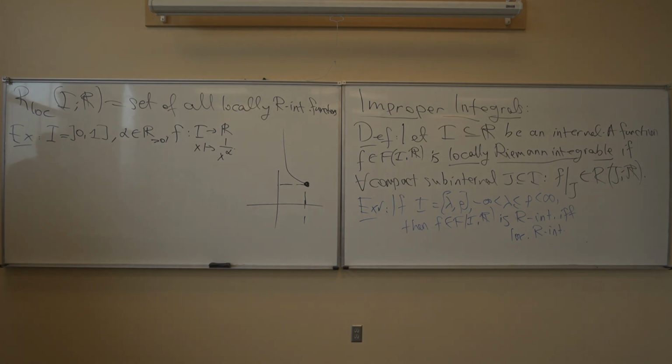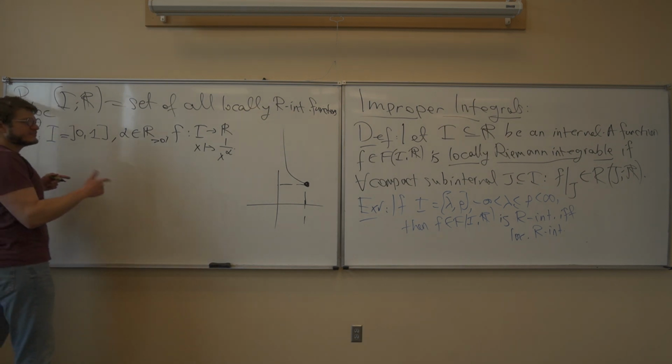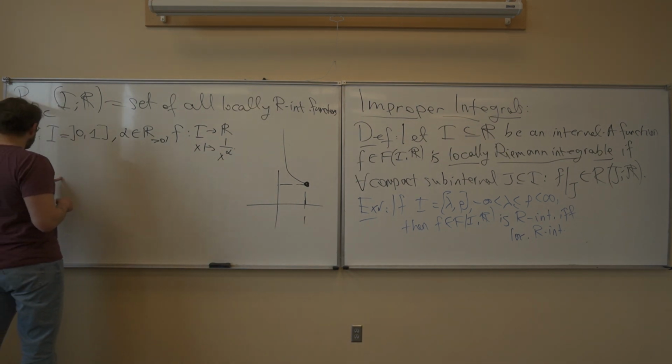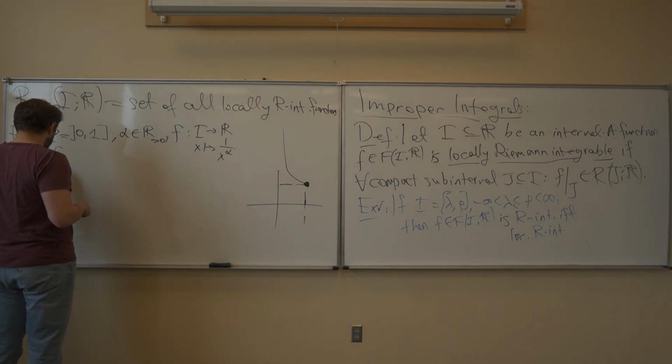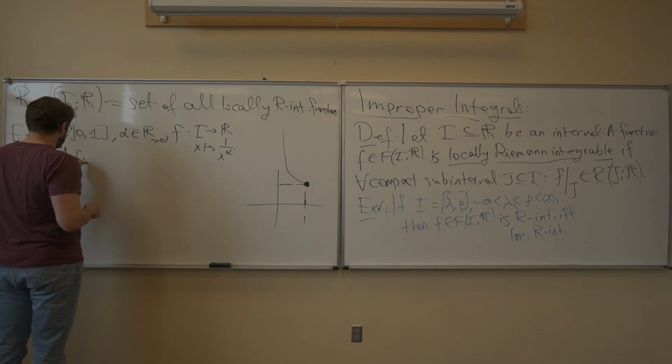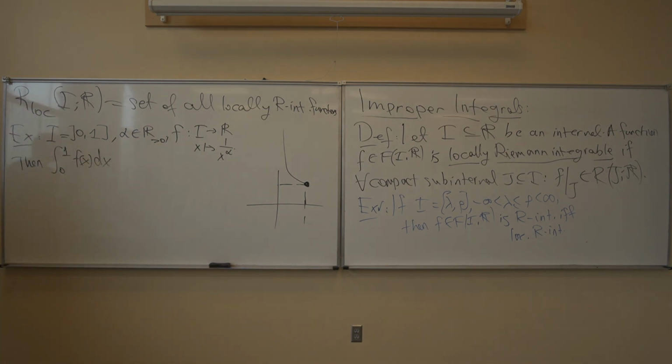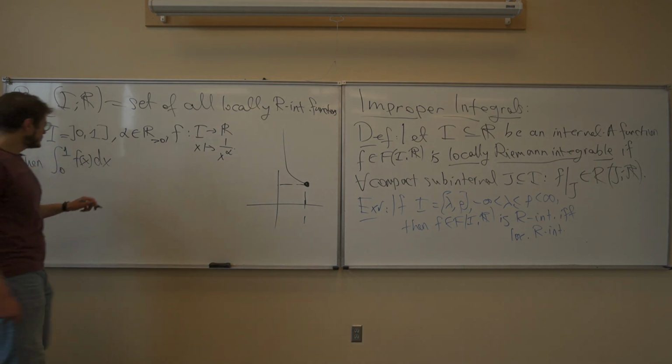And I would like to make sense of the integral of f on I from 0 to 1. And so this is an improper integral, because f is unbounded at 0.